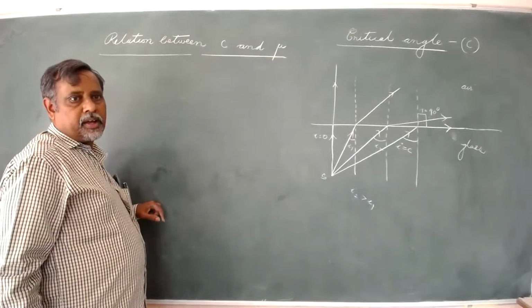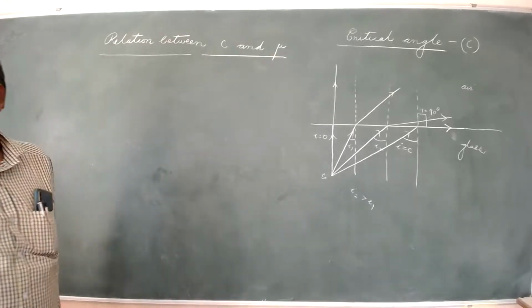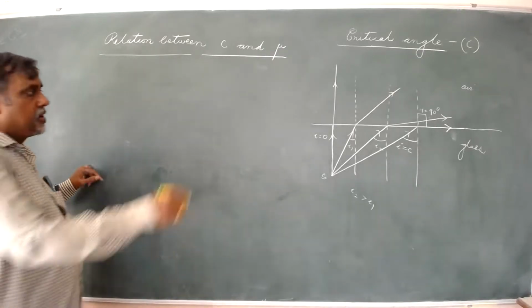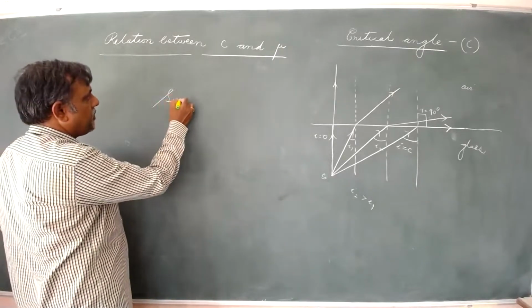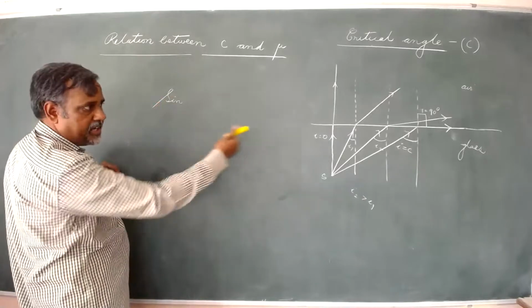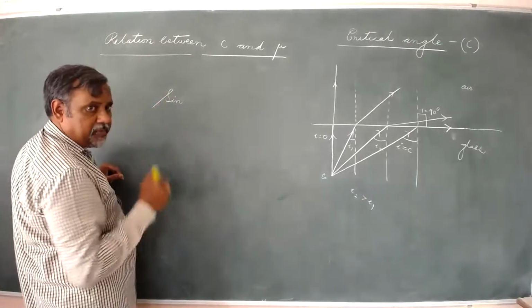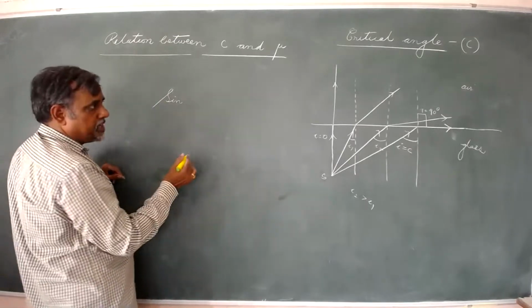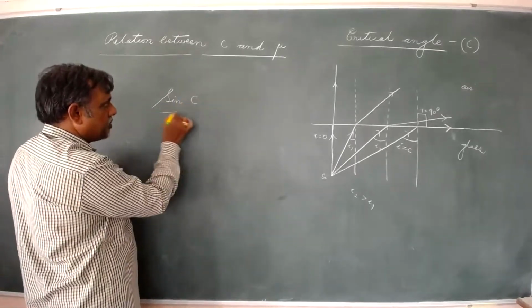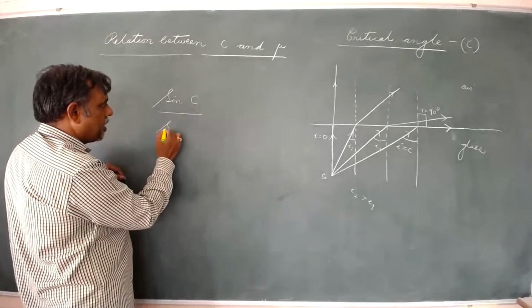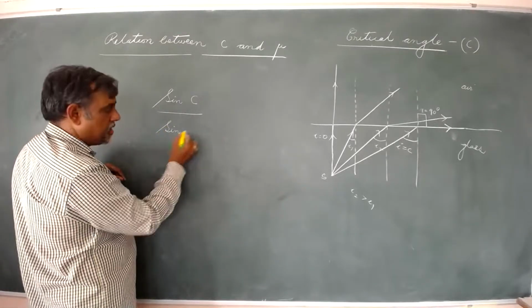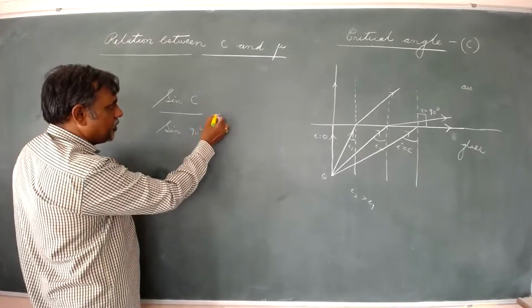Sine of angle of incidence divided by sine of angle of refraction. Here, the angle of incidence is the critical angle C, and the angle of refraction is 90 degrees.